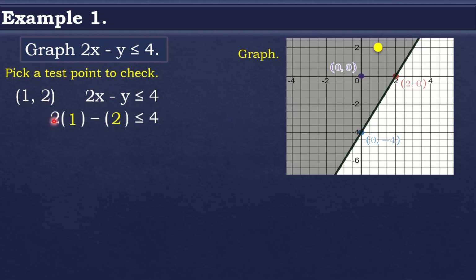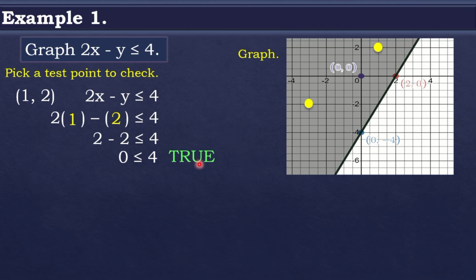Okay, and then solve. This is 2 times 1, that is 2. And then minus 2. So, we have 2 minus 2, that is 0. So, 0 is less than or equal to 4. Yes, this is true. Okay, so as you can see, na-prove naman dito sa graph natin dahil yung (1, 2) mo ay nasa shaded region. Ibig sabihin, part siya ng solution kasi this is true.